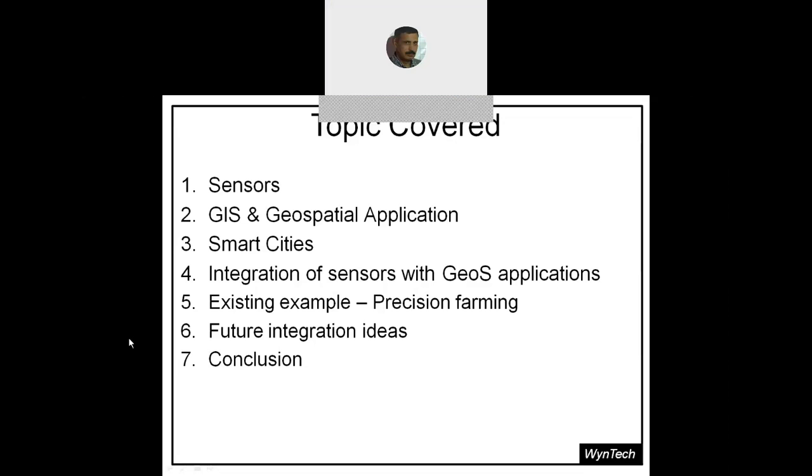Topics covered will be sensors, GIS, geospatial applications, smart cities. These are the three objects: sensor, GIS, and smart cities. What is happening in smart cities? Now, the fourth thing is the integration of these three things. You understood? The three are the objects, and the fourth topic which we are covering will be the integration of these three things.